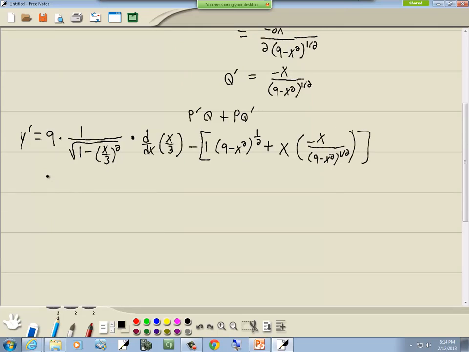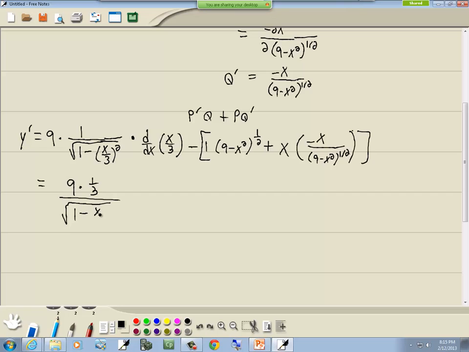Okay. So then this becomes 9 up on top times the derivative of x over 3. That's 1/3 x. So the derivative of 1/3 x is 1/3 over the square root of 1 minus x to the second power is x squared. 3 to the second power is 9.